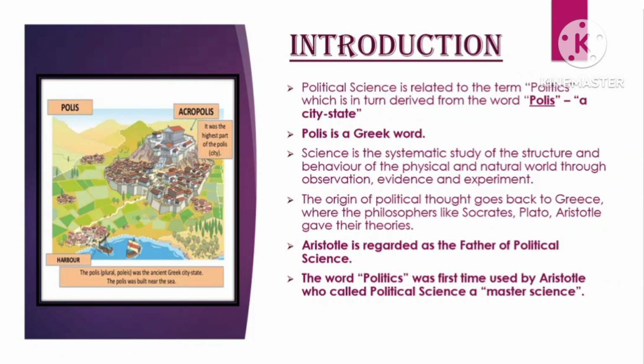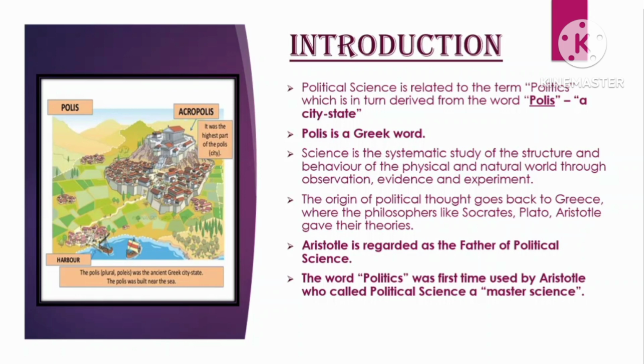It was not as big as a country, but it was a small unit like cities in modern times, and thus was called a city state. So, the first thing that we need to understand is that when we use the word State in political science with a capital S, then it denotes a country in the modern sense.